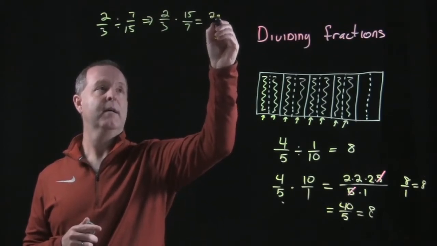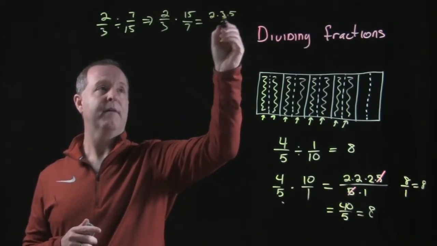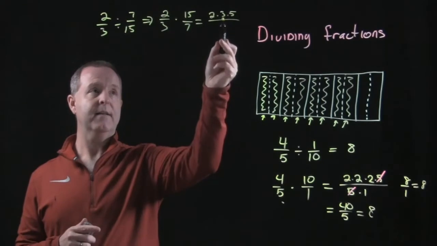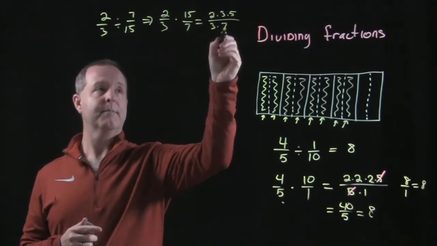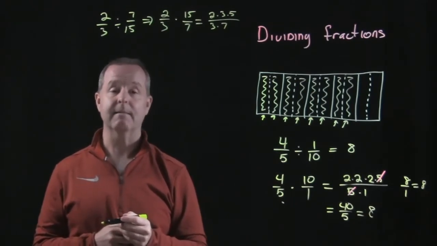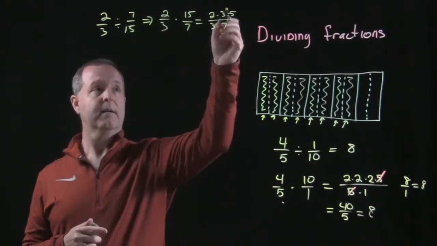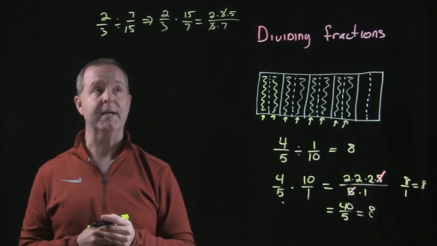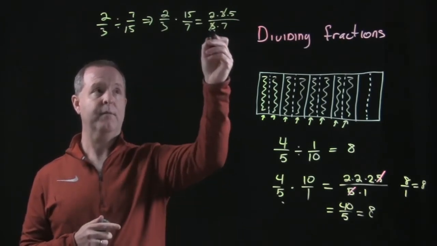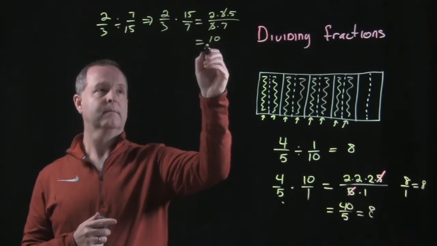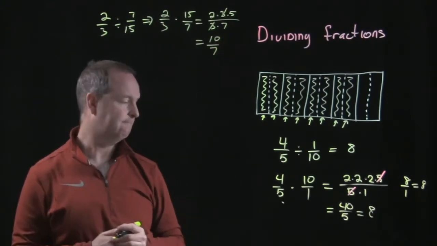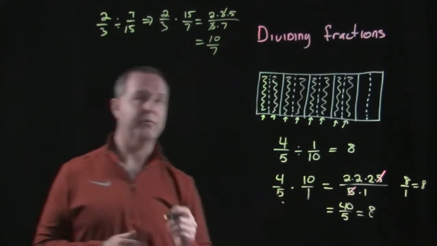So I have a 2 times a 3 times a 5. Do you see the 15 in there? 3 times a 5. And on the denominator, 3 times a 7. I can see some factors that cancel out. The 3's factor out. And I'm left with a 2 times a 5 over a 7, equals 10/7.